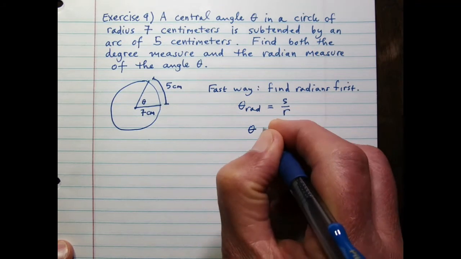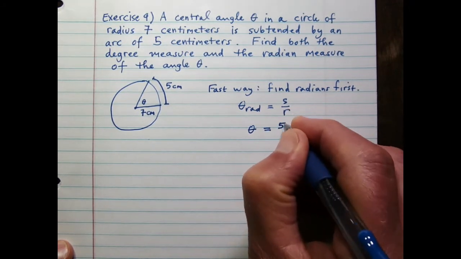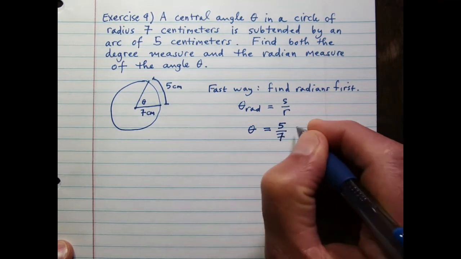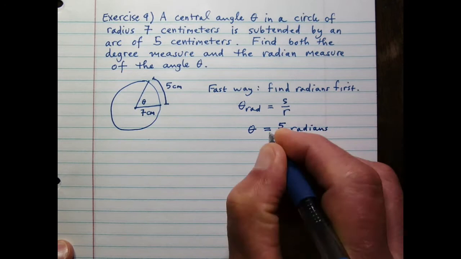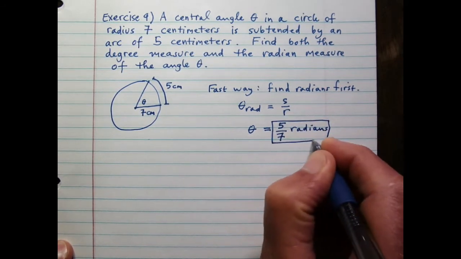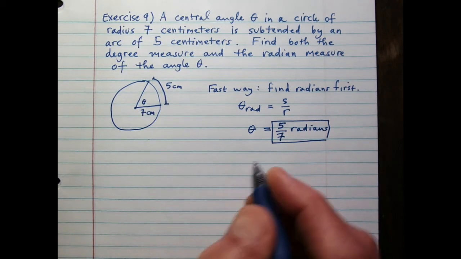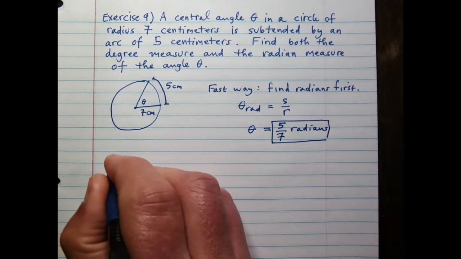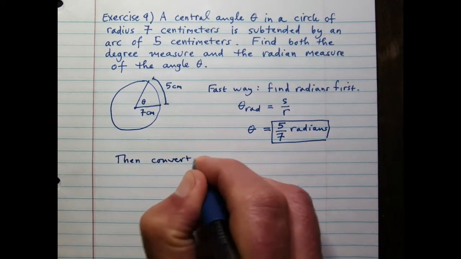So the radian measure of theta is that arc length, 5 over 7, and you're done with the radian measure. Let's just plug in to our formula for radian measure. Then convert to degrees.